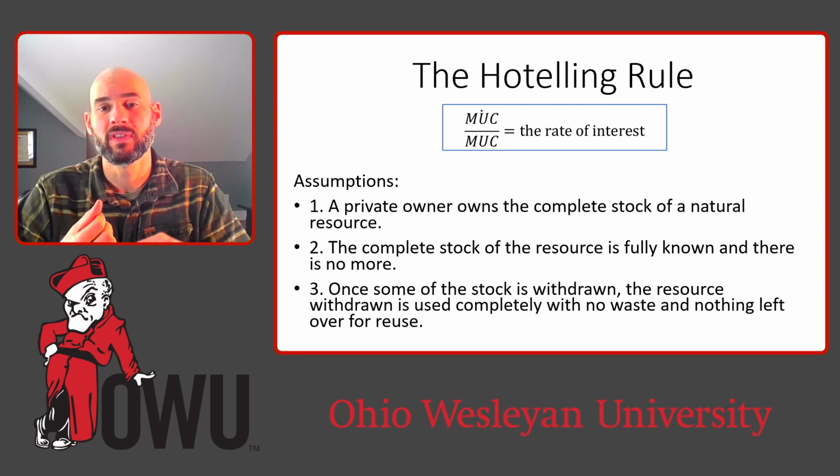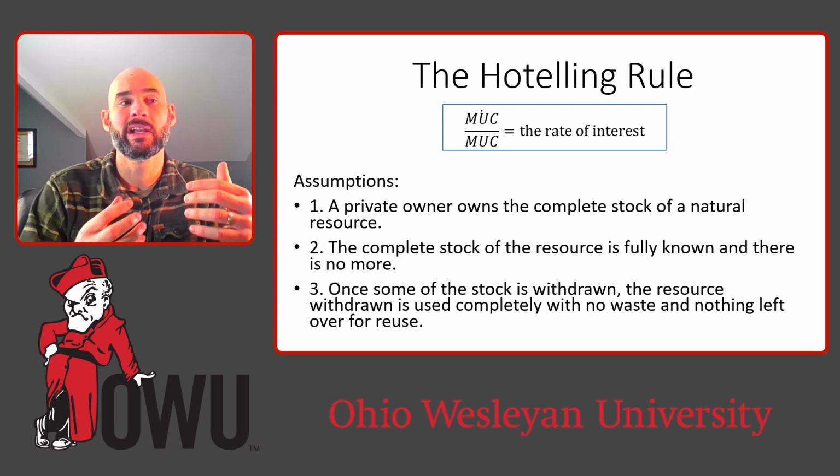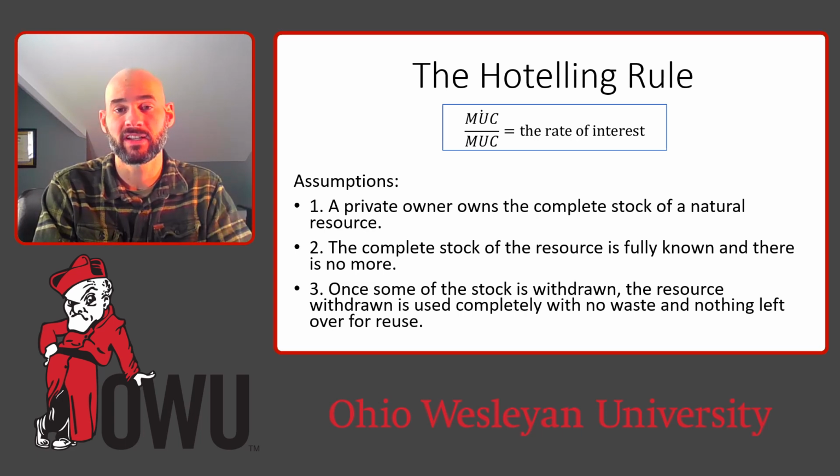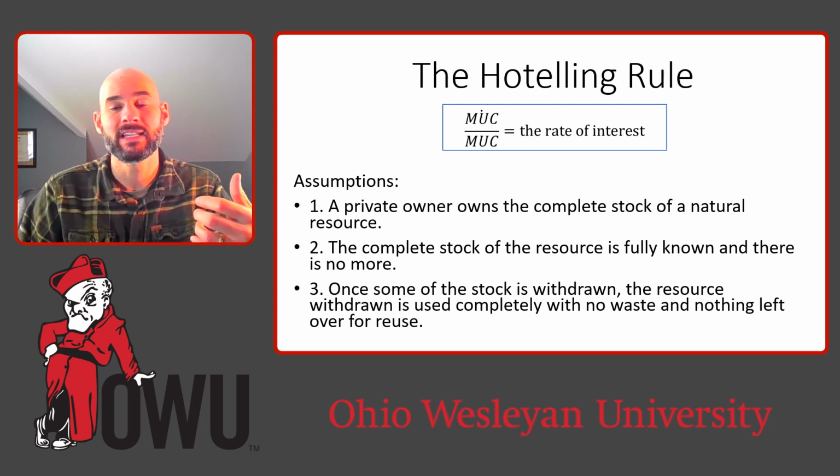And so this is basically a no arbitrage condition, basically saying that we are not going to be made better off by leaving more of our resource in the ground, and we're not going to be made better off by extracting more out of the ground.